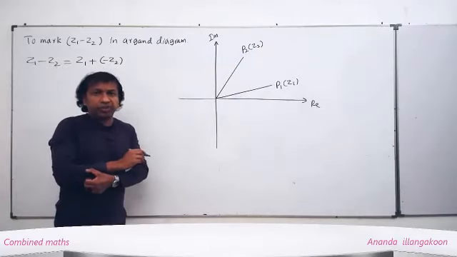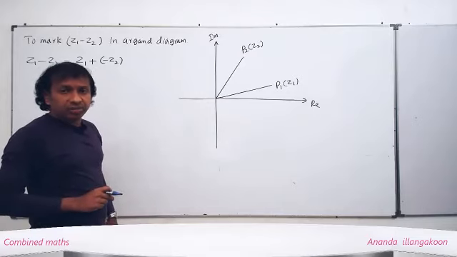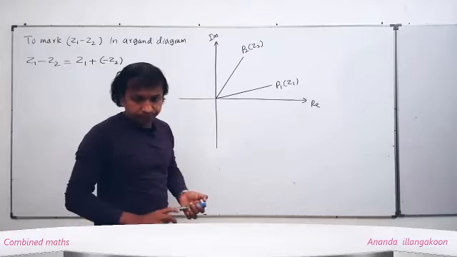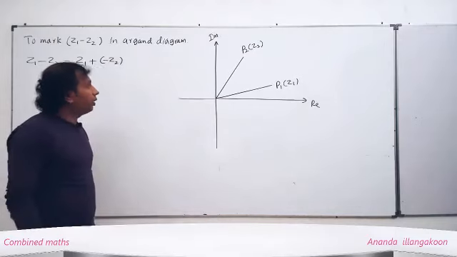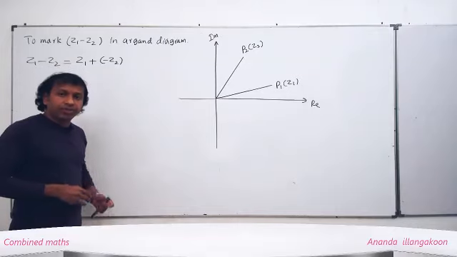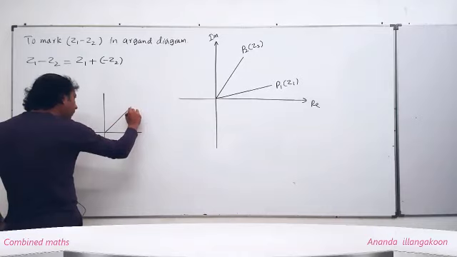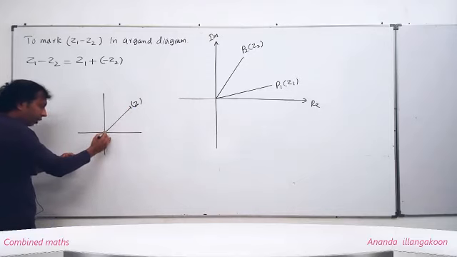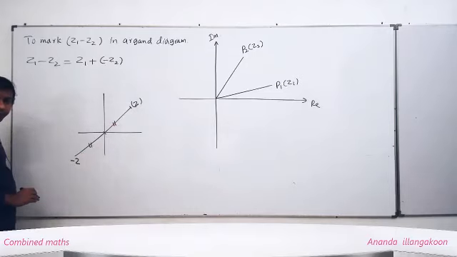Then to the complex number Z1, we have to add minus Z2. The complex number minus Z2 can easily be found. Right. Now we noticed that when we are given a complex number Z, how to mark minus Z? People can remember that one. When we have a complex number Z like this, to mark minus Z, we said what? This line segment we have to produce in the opposite direction starting from the origin like this, so that this and this are equal, then at this end we have minus Z, right?